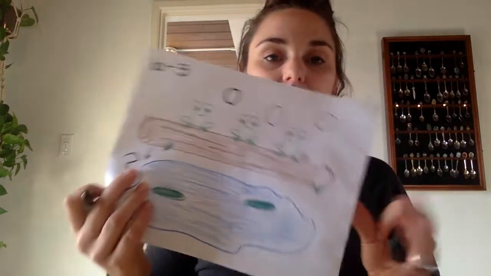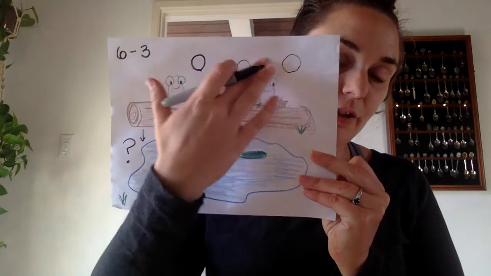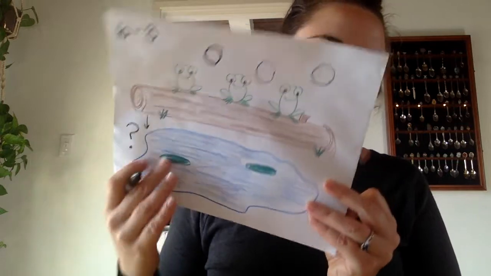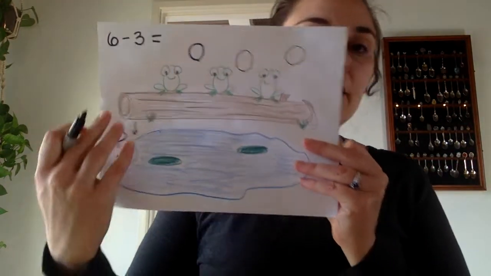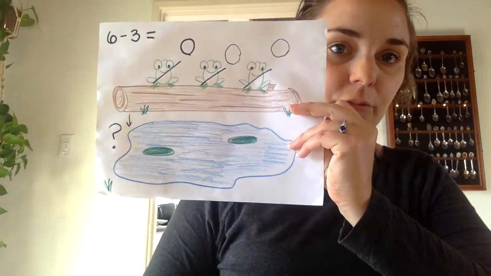So I could take away the 3 that are on the log because I want the ones that were left over that are now in the pond. And if I have 6, the 6 frogs here, and I take away these guys, 1, 2, 3, I have the 3 that jumped in, which equals 3.